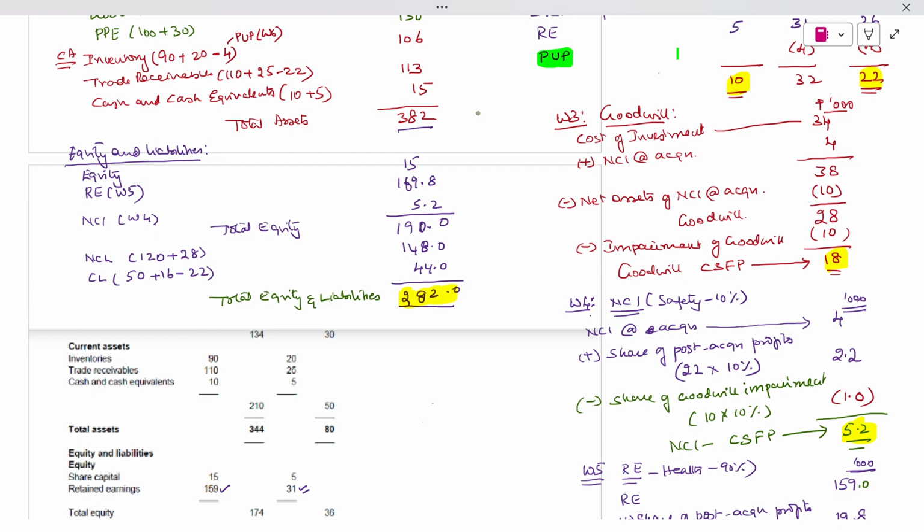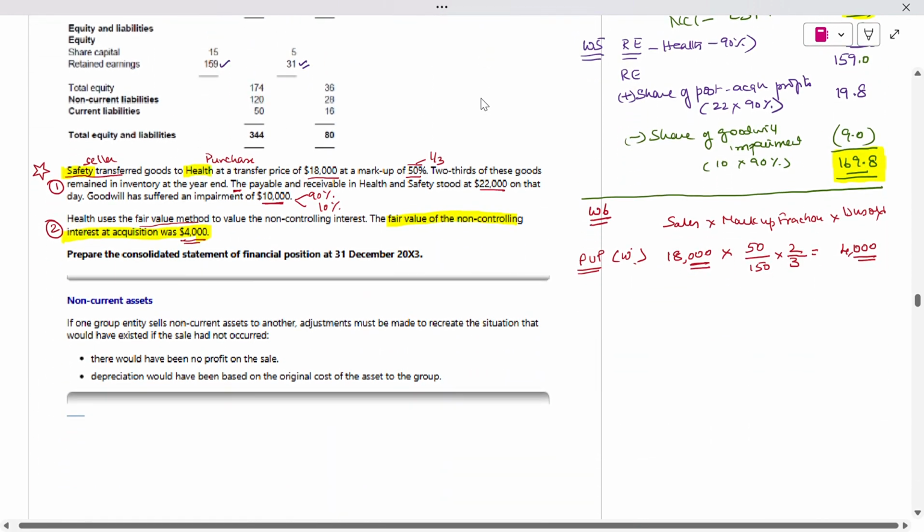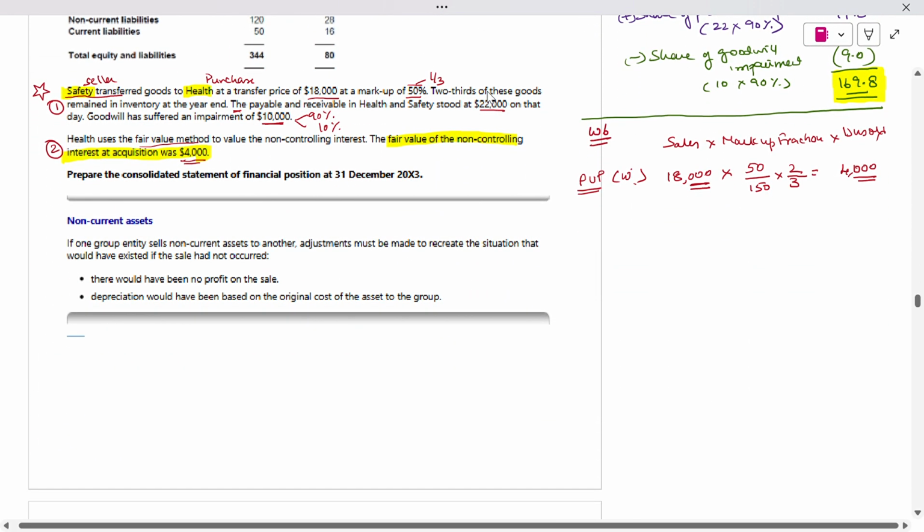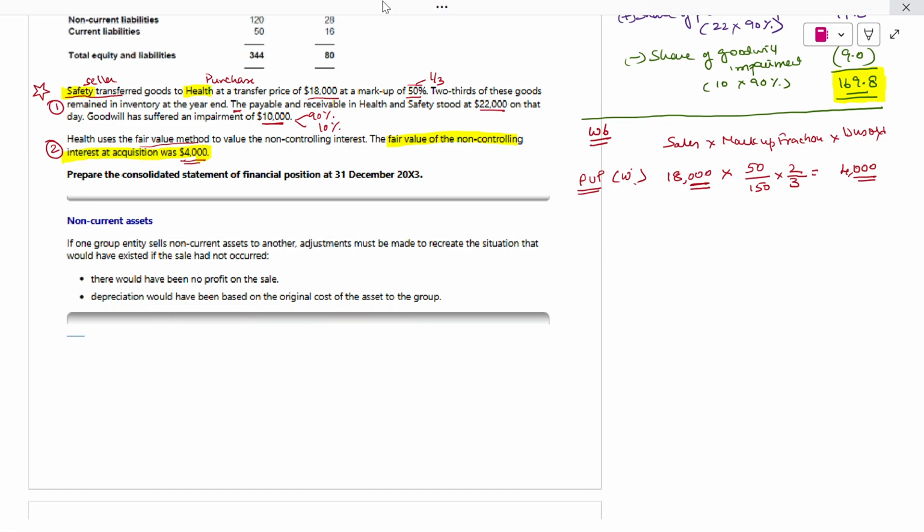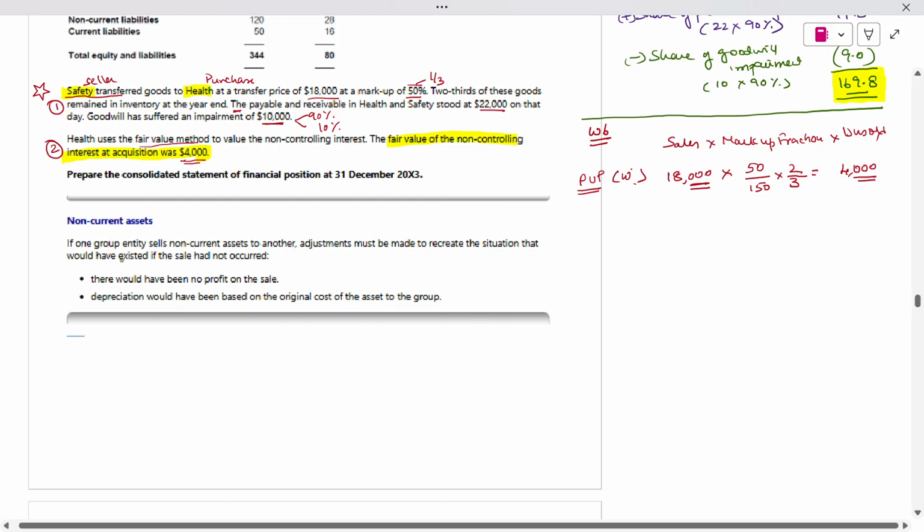Okay, done. Now, what is this? See, they are talking about so many things. If one group sells non-current assets to another, adjustment must be made to recreate the situation that would have existed if the sale had not occurred.